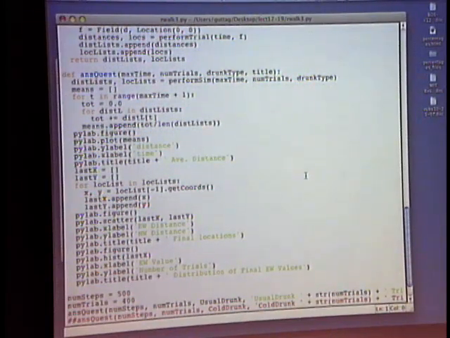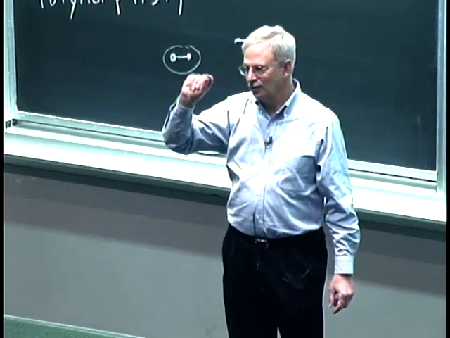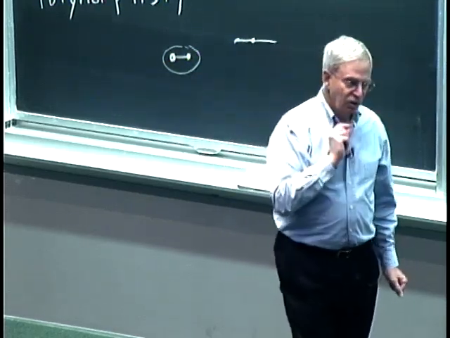What I've decided to do here is not only plot how far from the origin the drunk is over time, but I'm going to actually plot two other things.